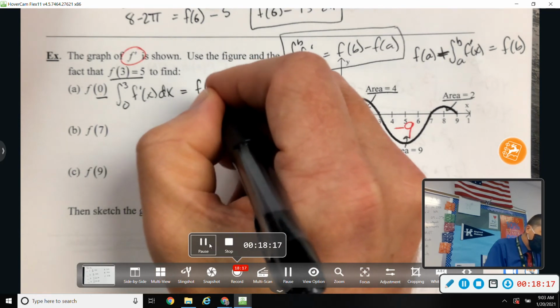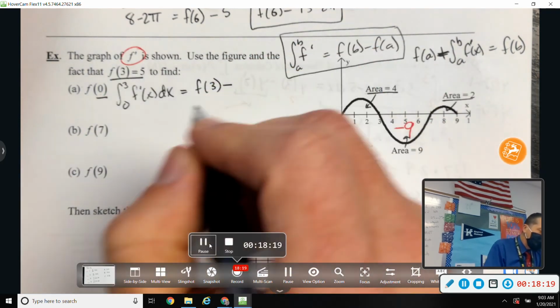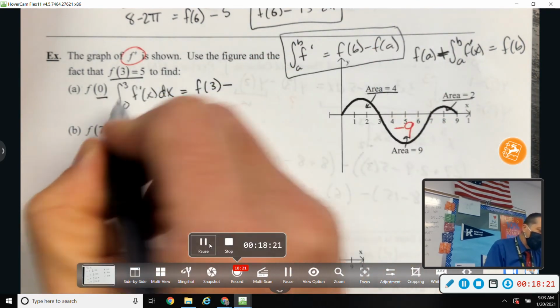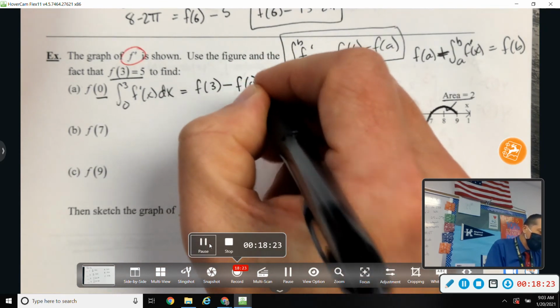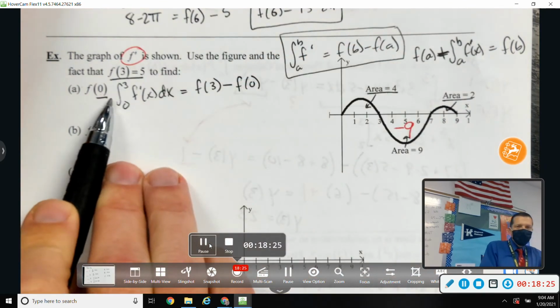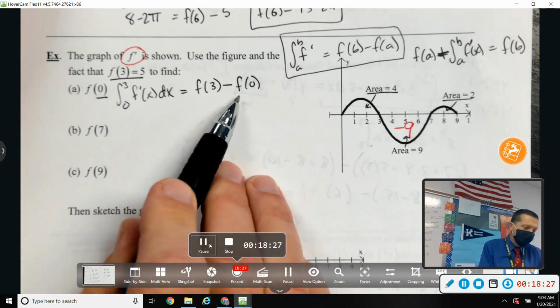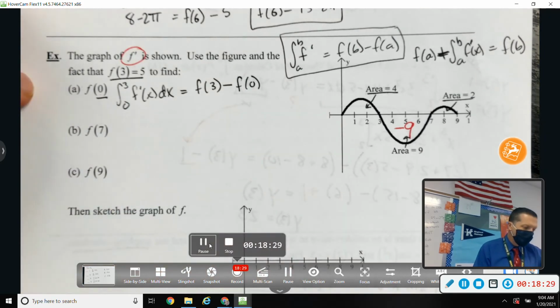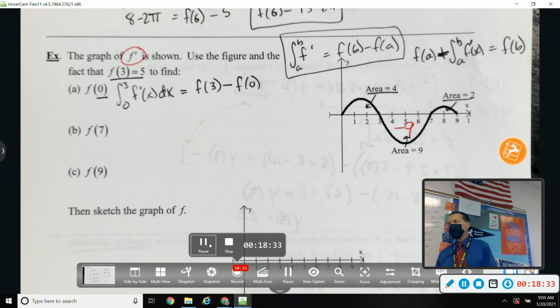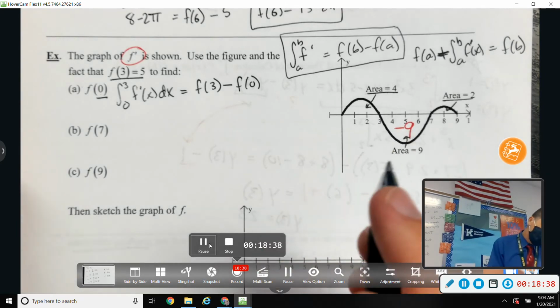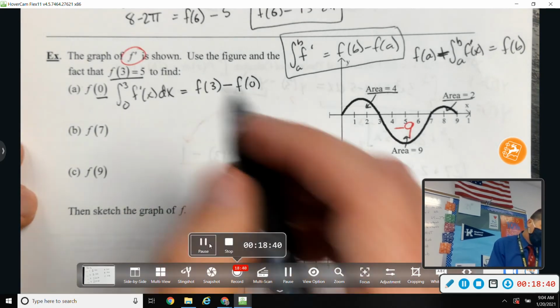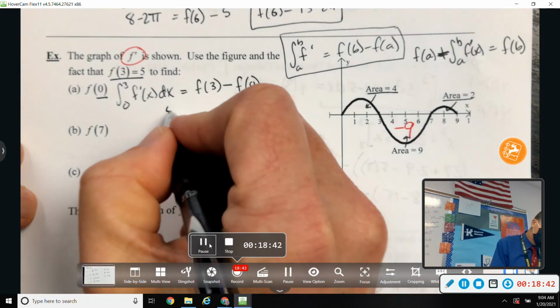I'm going to finish writing this statement before I start filling things in. That would be f of 3 minus f of 0, because the antiderivative of the derivative gets me back to the function. So really this example is just like the previous one. Arguably it's easier because they just tell you what the area is. You don't even have to know triangles and circles. So 0 to 3 is 4.